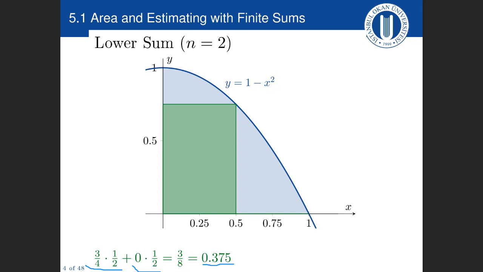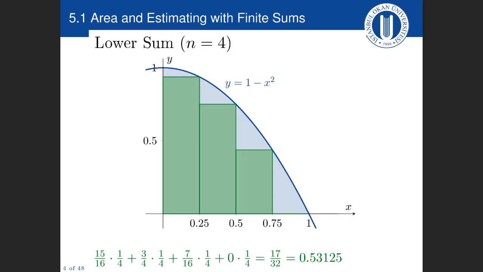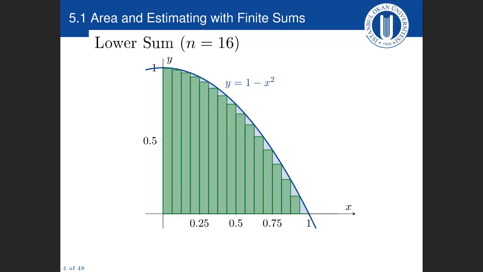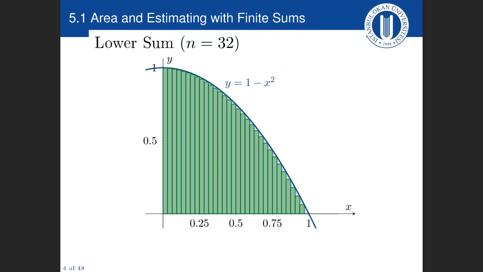And as before, we can improve this by increasing the number of rectangles: 4 rectangles, 8 rectangles, 16 rectangles, 32 rectangles, etc. Always choosing the rectangles so that they fit inside the region R. And there's a third approximation we could do.